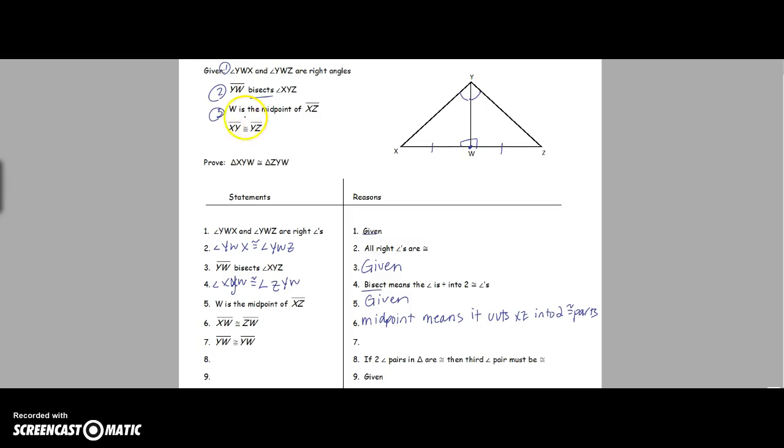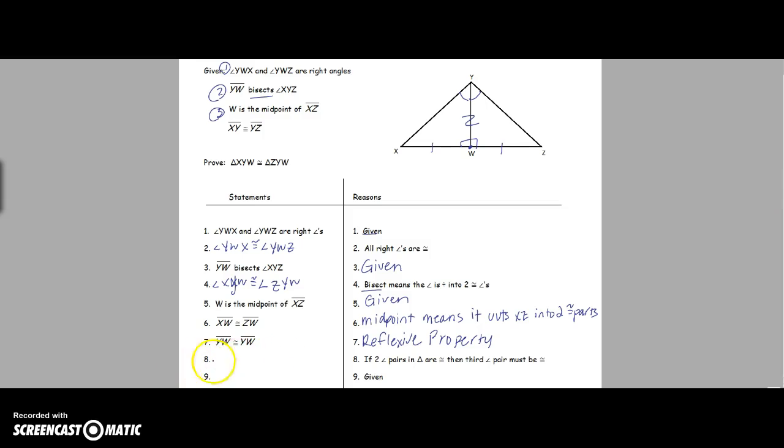Before we get to this last given statement, let's go over a couple things. We can say YW is congruent to YW because there's this thing called the reflexive property. It says that any line can be congruent to itself if it is shared within the 2 triangles.